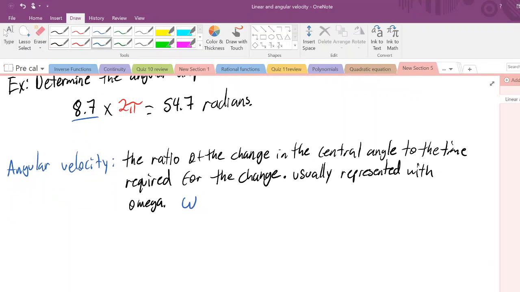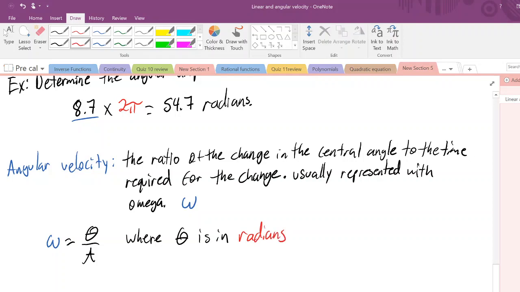So we have omega is equal to theta over time. Alright, where theta is in radians. Alright, so now we're not working with degrees. We've been working with degrees for a while.